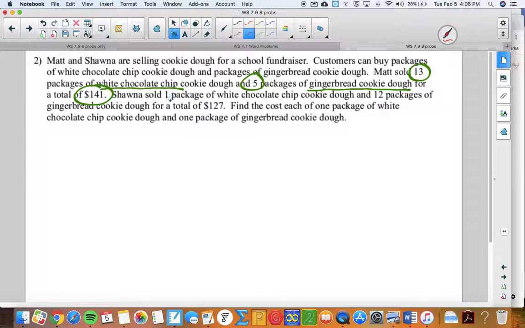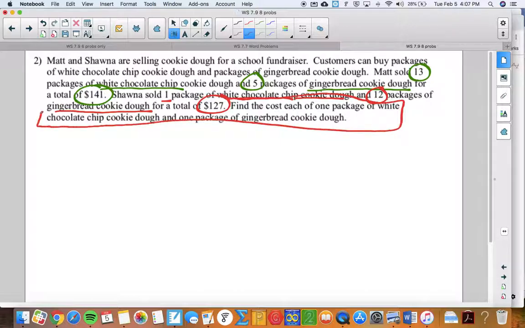Shauna sold 1 package of white chocolate chip and 12 packages of gingerbread for a total of $127. Find the cost of 1 package of white chocolate chip cookie dough. Whoa. And find the cost of 1 gingerbread cookie dough.